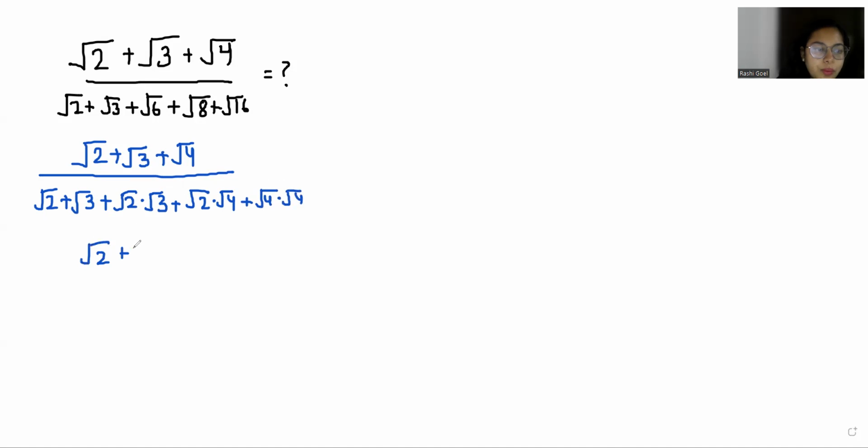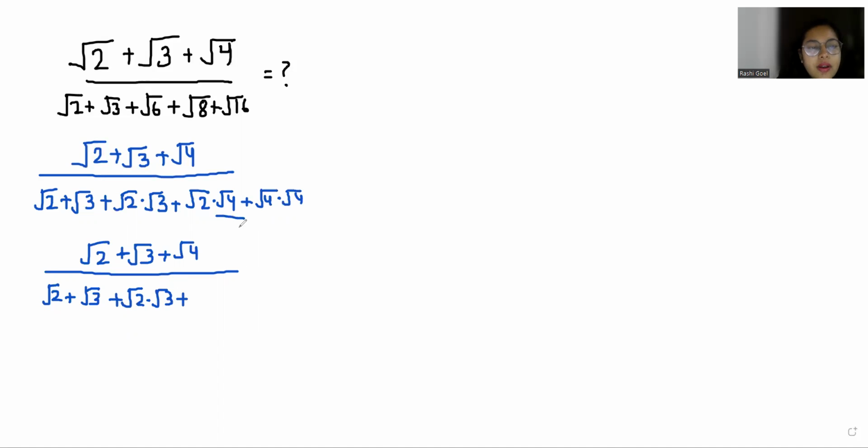Now square root 2 plus square root 3 plus square root 4 by square root 2 plus square root 3 plus square root 2 times square root 3 plus square root 4 is equals to 2. We can write this as 2 times square root 2 plus 2 times 2.